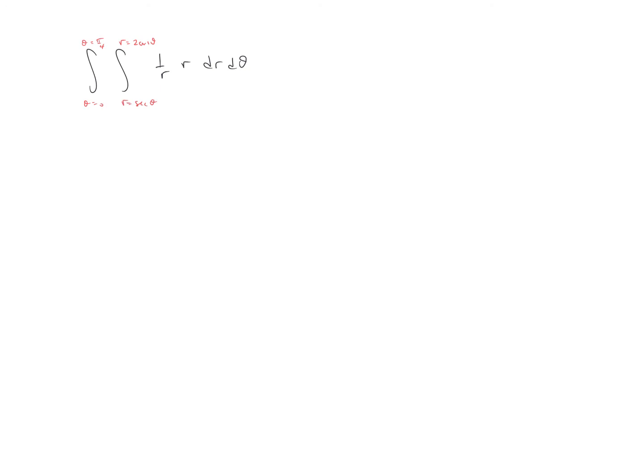So first things first, very obviously these go away. And when I integrate with respect to r, there will be that additional r that does pop up. So we'll have 0 to pi over 4, and then we'll have an r needing to be evaluated from secant theta to 2 cosine theta d theta. 0 to pi over 4 would give us 2 cosine theta minus secant theta d theta.